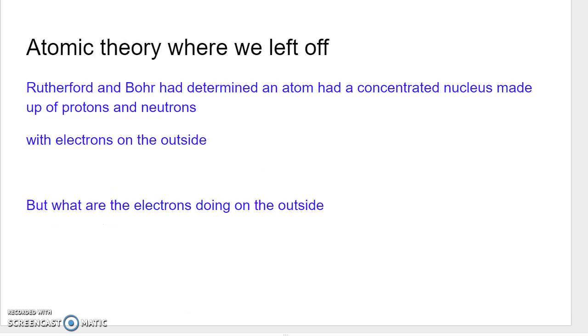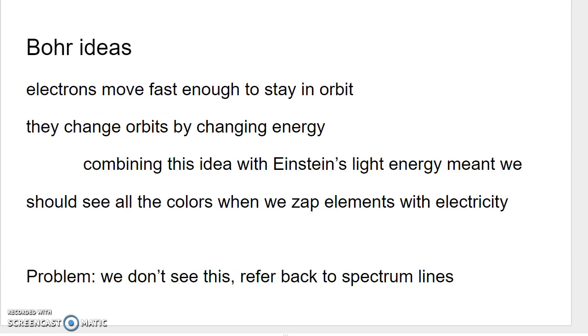So, where we had left off with atomic theory, Rutherford and Bohr had determined an atom was a concentrated nucleus made up of protons and neutrons, and the electrons are on the outside. What we're going to focus on in this lesson is how are the electrons organized? What are they doing on the outside? So Bohr's model said that the electrons move fast enough to stay in orbit, so they won't be spinning off into the next atom.